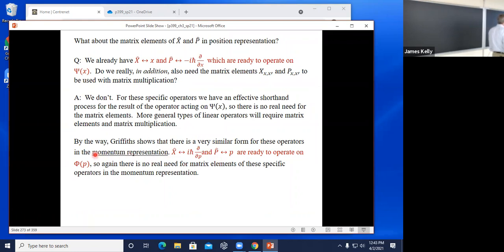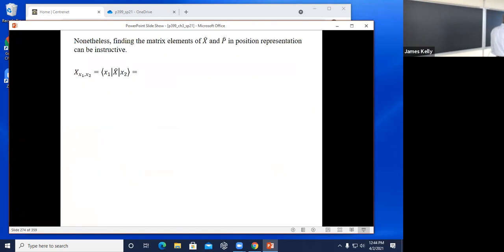In other words, if you know phi of p, the momentum space wave function, then the position operator is given by plus i h bar d dp, and the momentum operator is given by just the multiplication by p. So it looks like almost the same thing, except they kind of switch and all the x's go to p's over there.